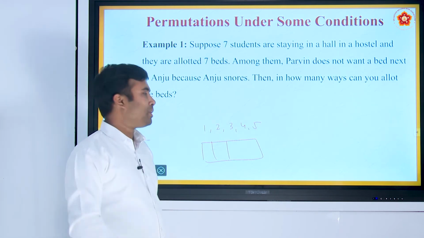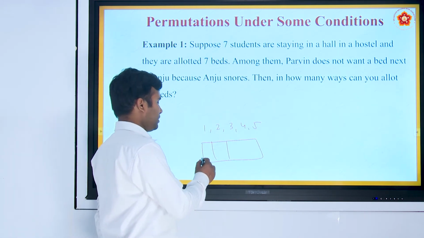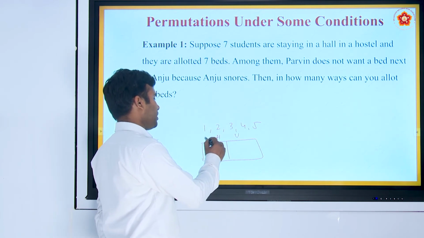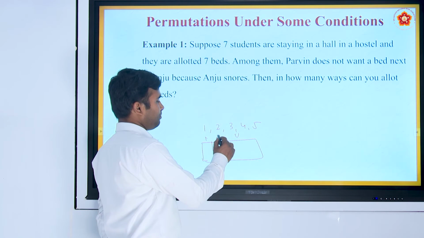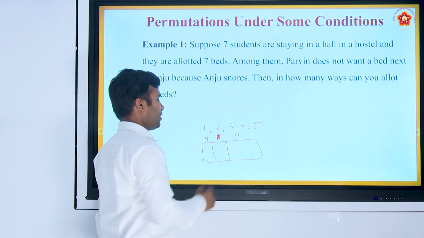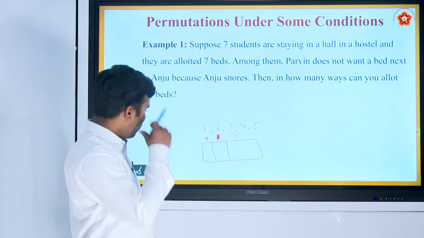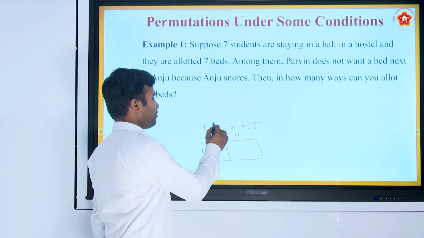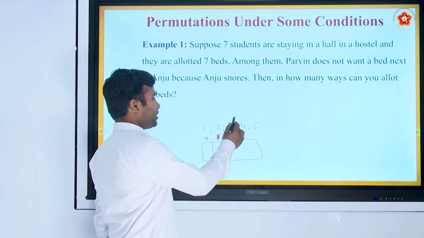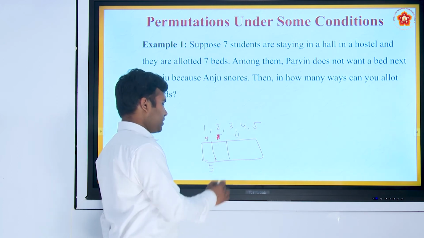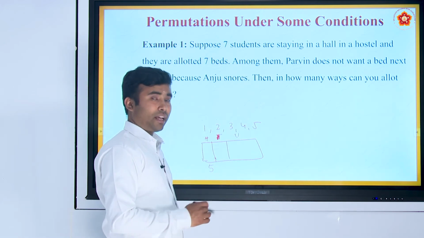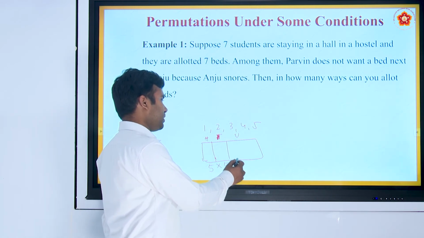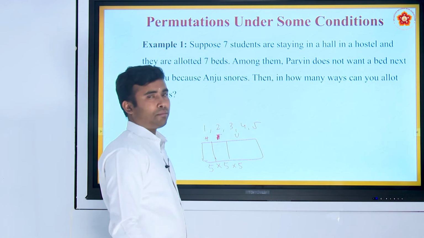This is the unit place, this is the 10th place, and this is the 100th place. In the 100th place I can have 1, 2, 3, 4, 5. So the first place can be filled in 5 ways, the second place in 5 ways, and the unit place in 5 ways.